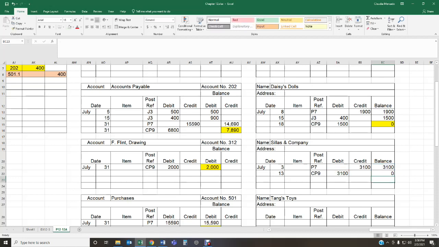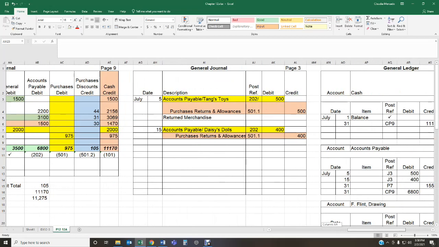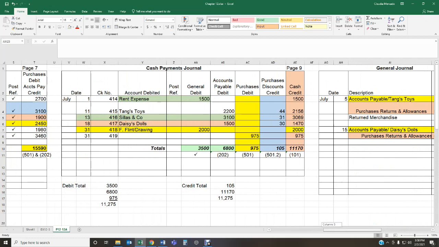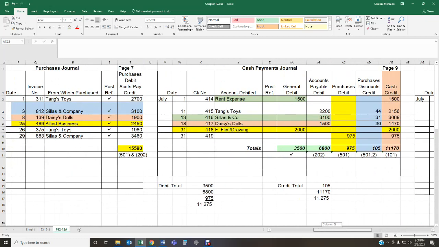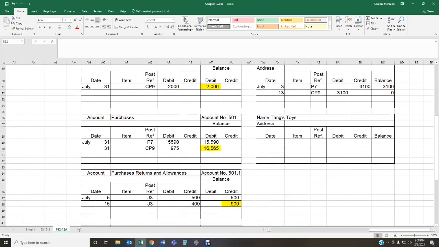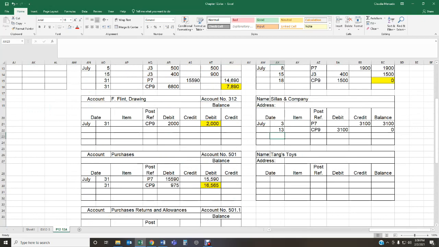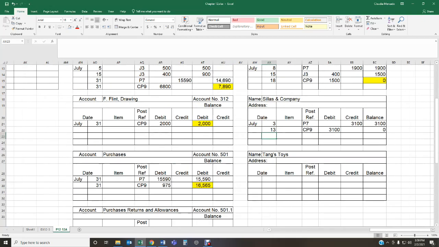Okay. And then what else affected my C.S. and Company? So we paid $3,100. And then on the 29th, we bought more merchandise from C.S. and Company. We bought $3,460 more on the 29th. So let's enter that. Right here.